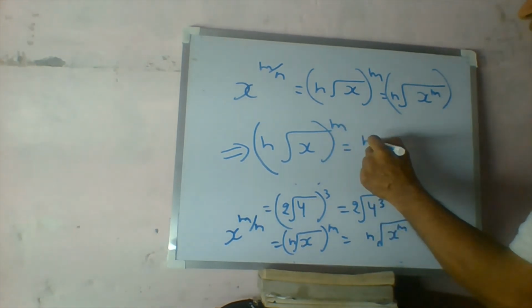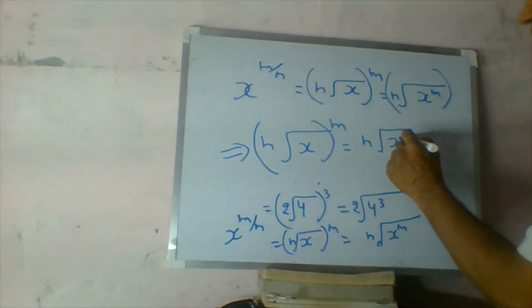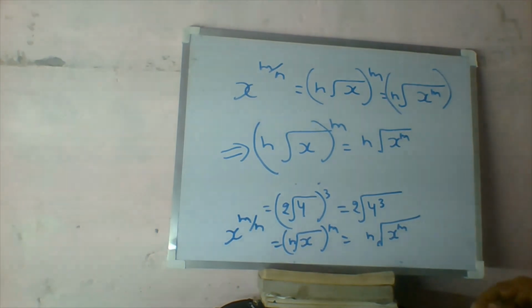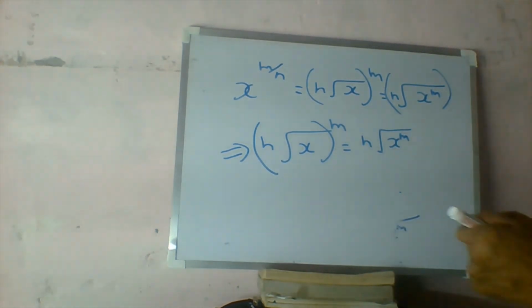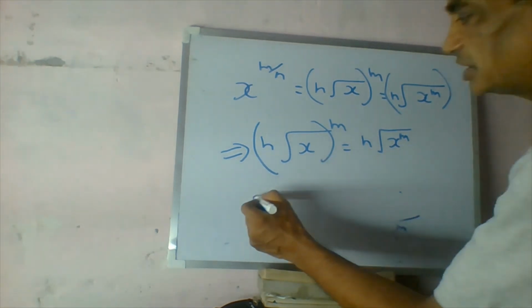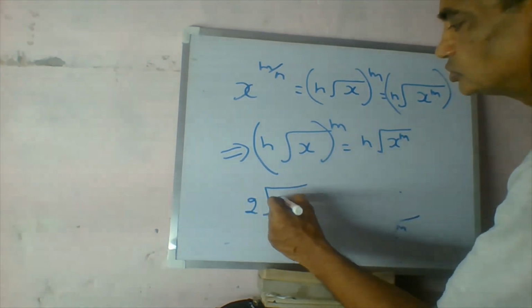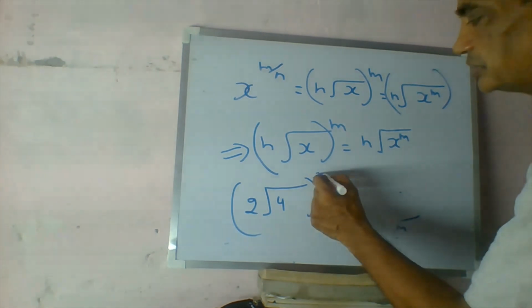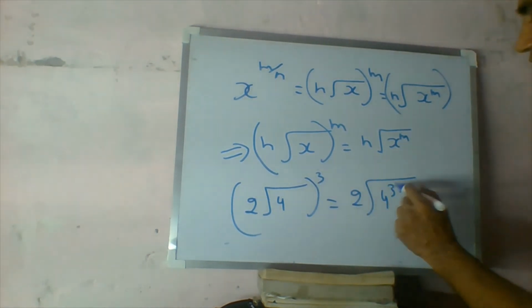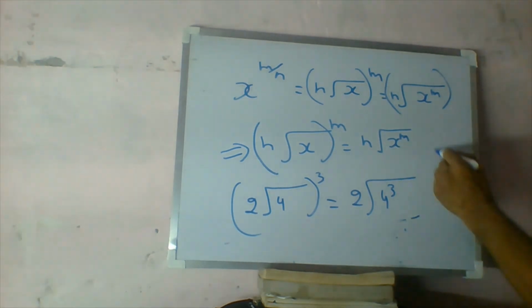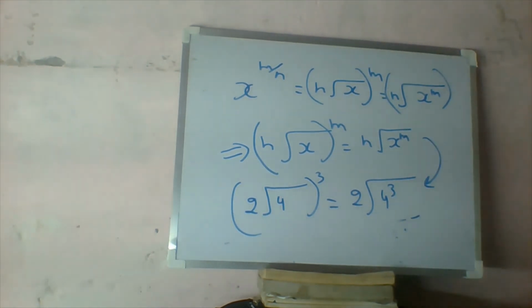This gives us a very important rule. So if I have an expression like 2 raised to 4 by 3, I can write it using this rule as the cube root of 2 to the power 4.